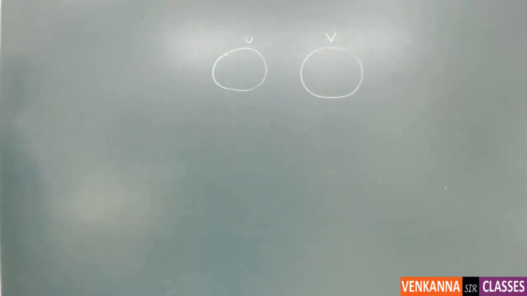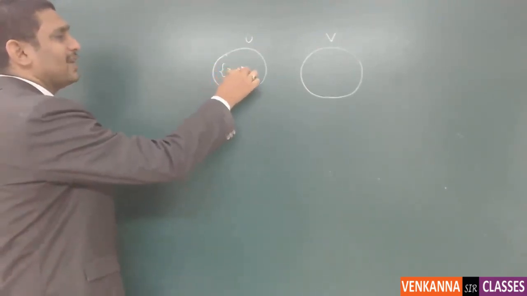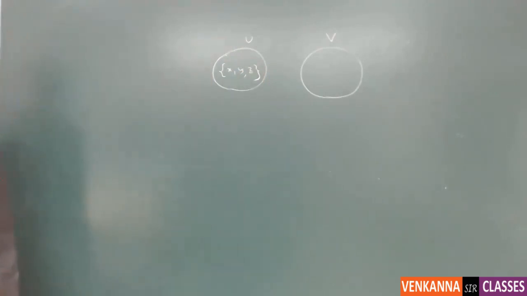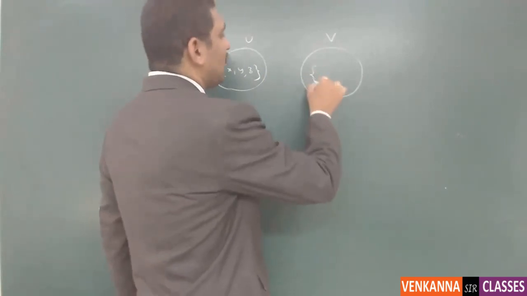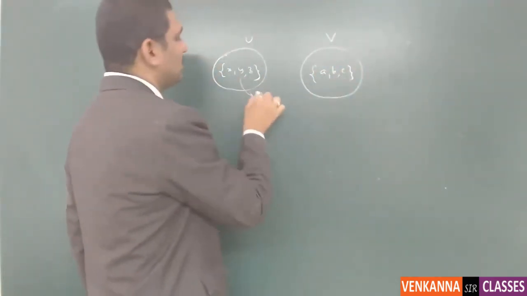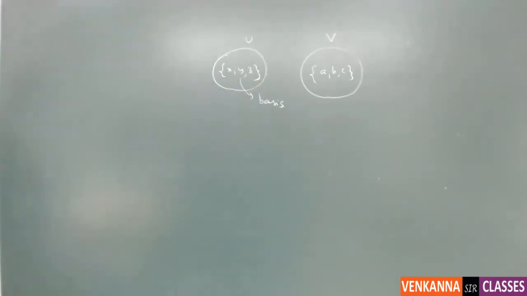Suppose I have taken two vector spaces U and V. Now in U I considered the set {x, y, z}, which is a basis of U. In V I considered a set of values {A, B, C}. In V, A, B, C are not a basis.